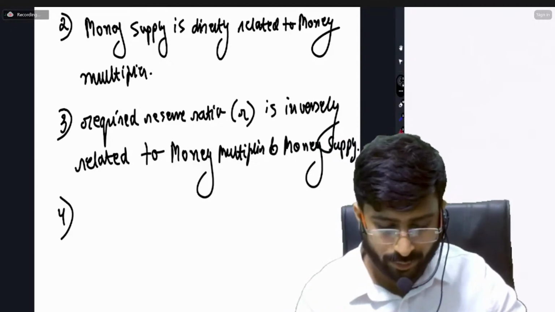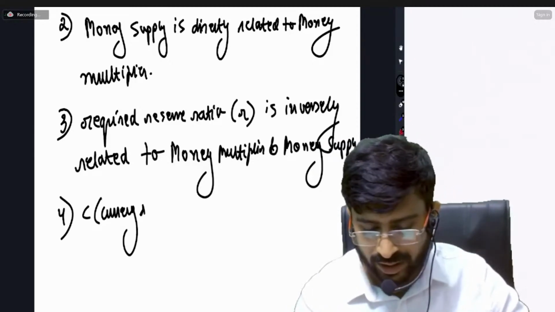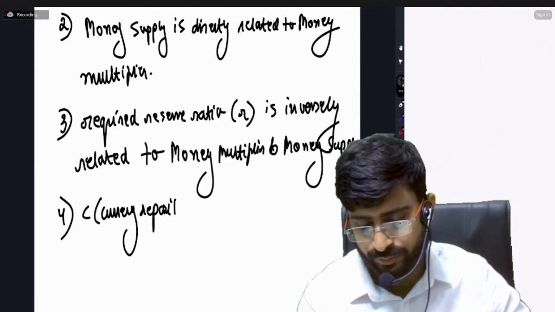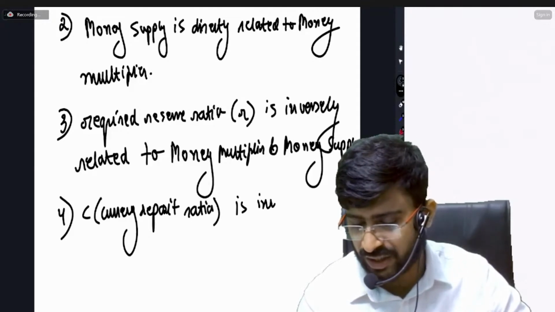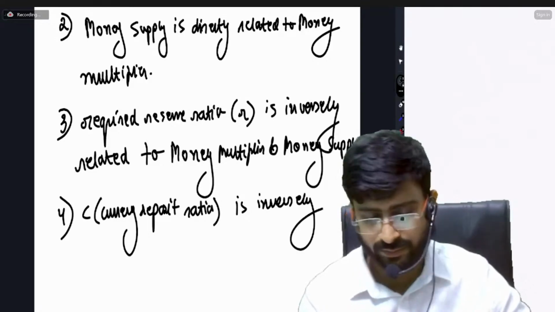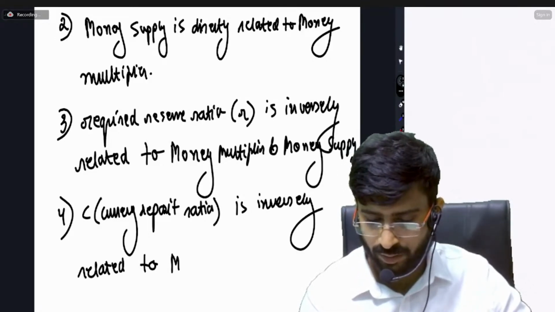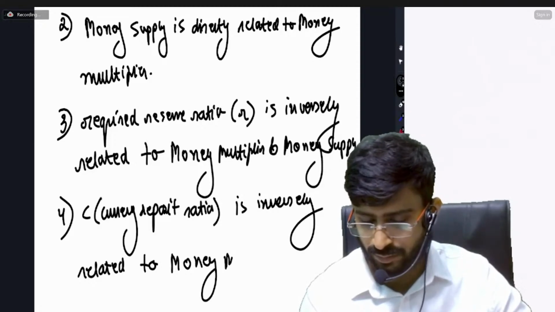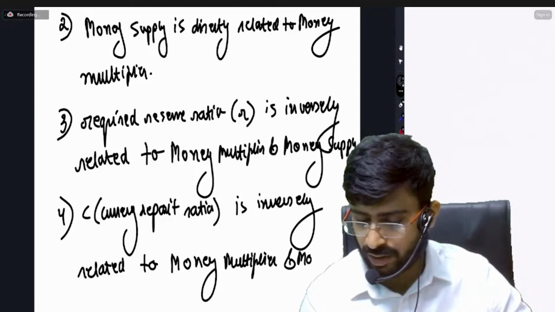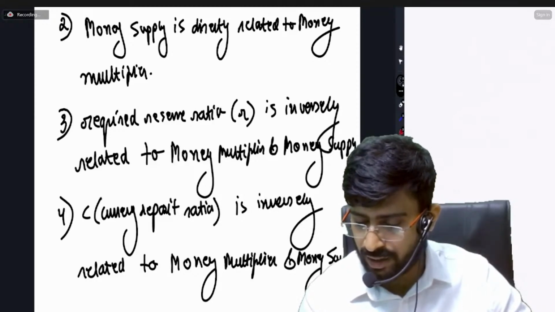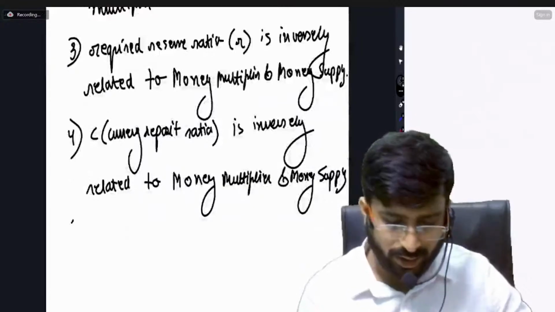Again, number four, C, currency deposit ratio, is also inversely related to money multiplier and money supply. Four points are done.